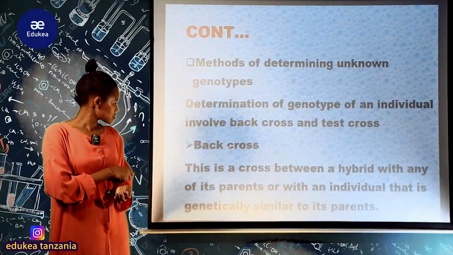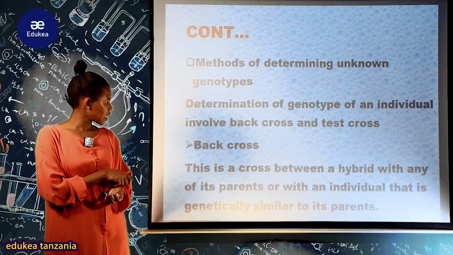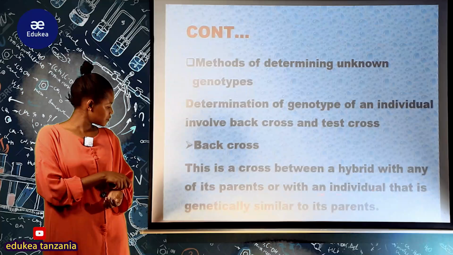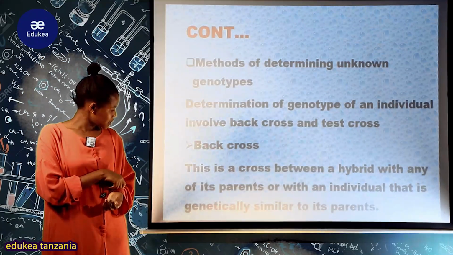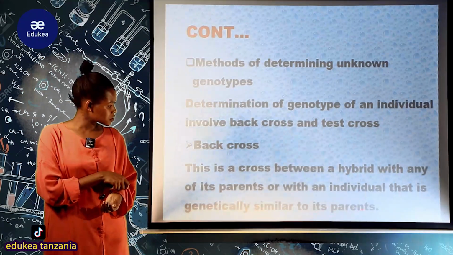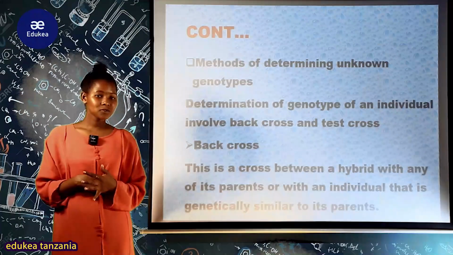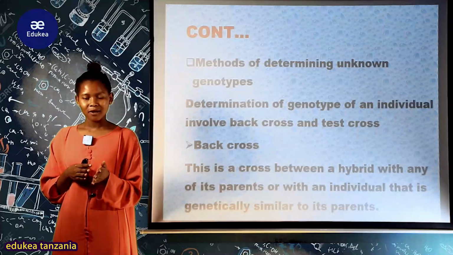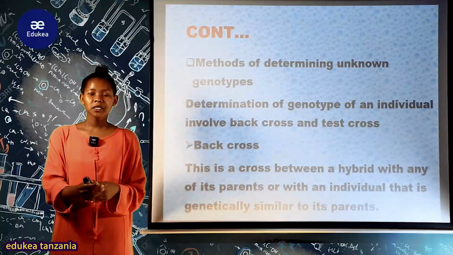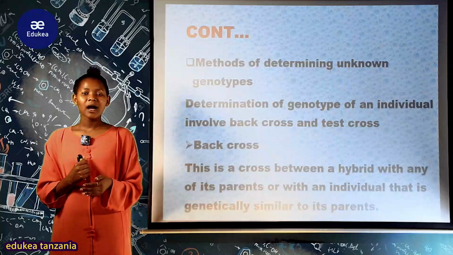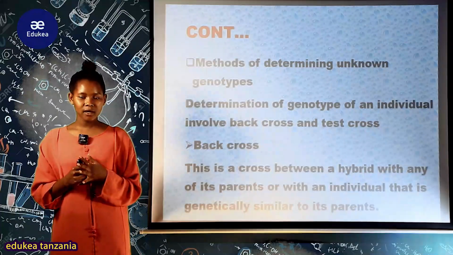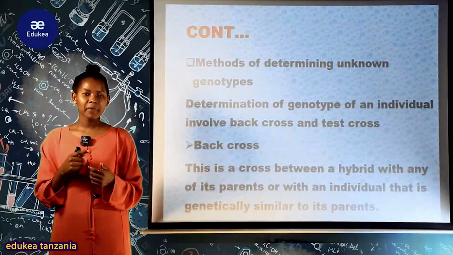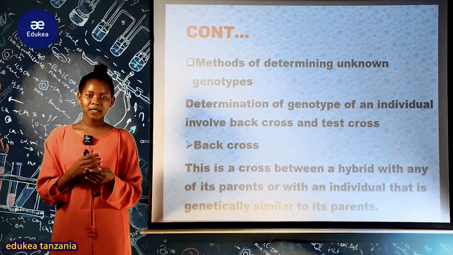Starting with back cross, this is a cross between a hybrid and any of its parents, or with an individual that is genetically similar to its parents. Using back cross, back means going backwards. Yes, offspring are born, then the offspring goes back and is interbred with its parents, or is crossed with another organism that resembles its parents.